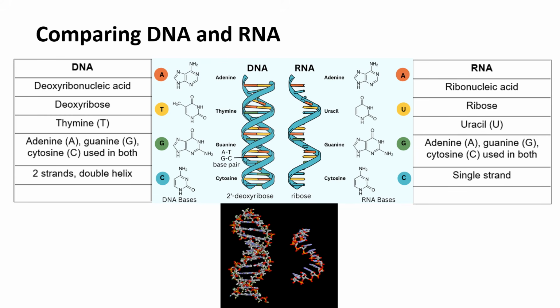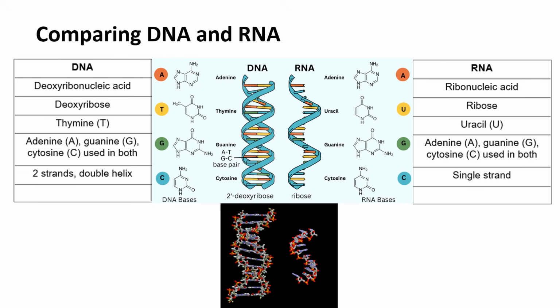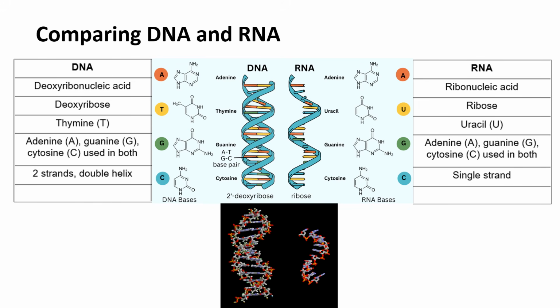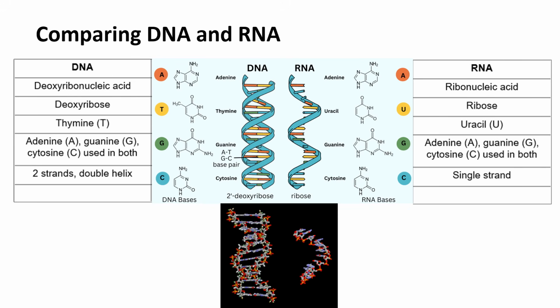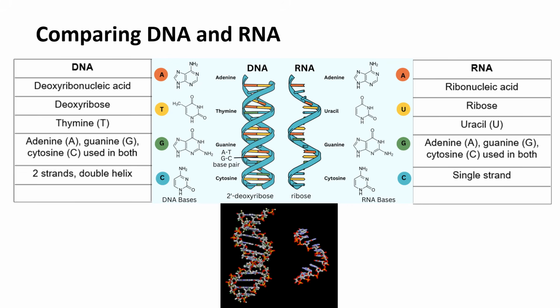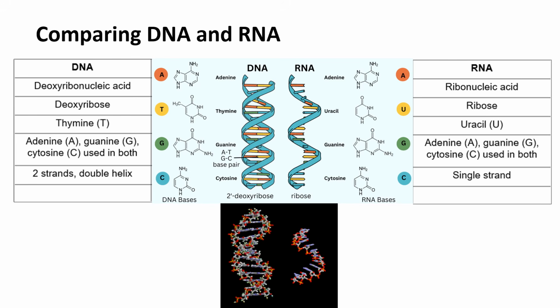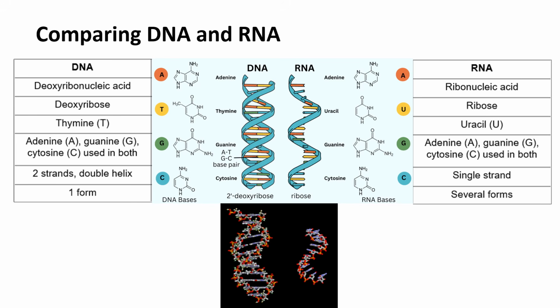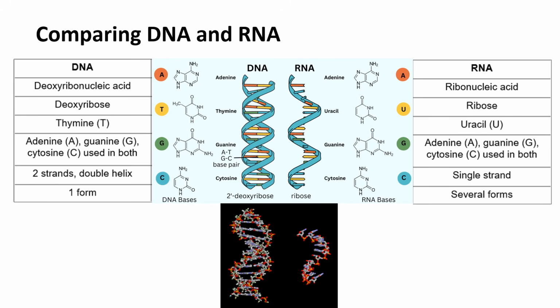Another difference is in the number of strands. As we've seen with the DNA structure, it is a double helix. So there are two strands that are wrapped in this double helix shape. RNA is a single-stranded helix, as you can see pictured there. And one other difference is that DNA comes in one basic form.